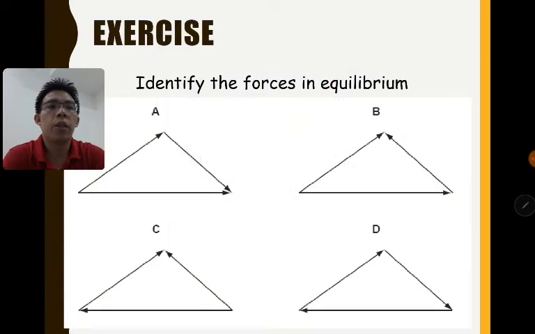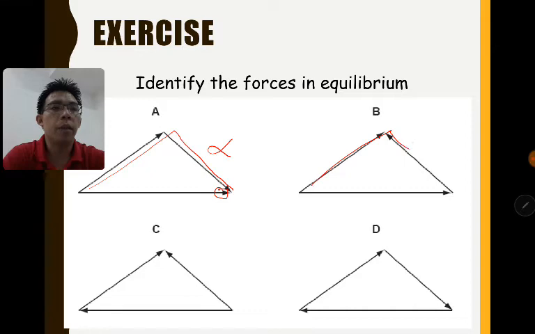Let's move on to identify forces in equilibrium. Out of A, B, C, D here, based on the idea of the closed polygon just now, let's identify which three forces are in equilibrium. You can pause the video to find out the answer. Okay, let's look at A. This goes here and goes here, but this is in the wrong direction, so this one cannot.